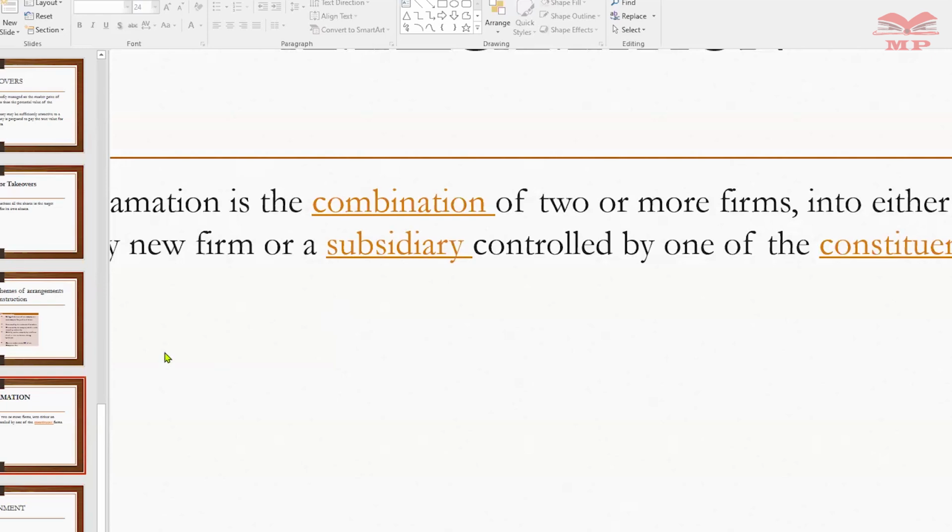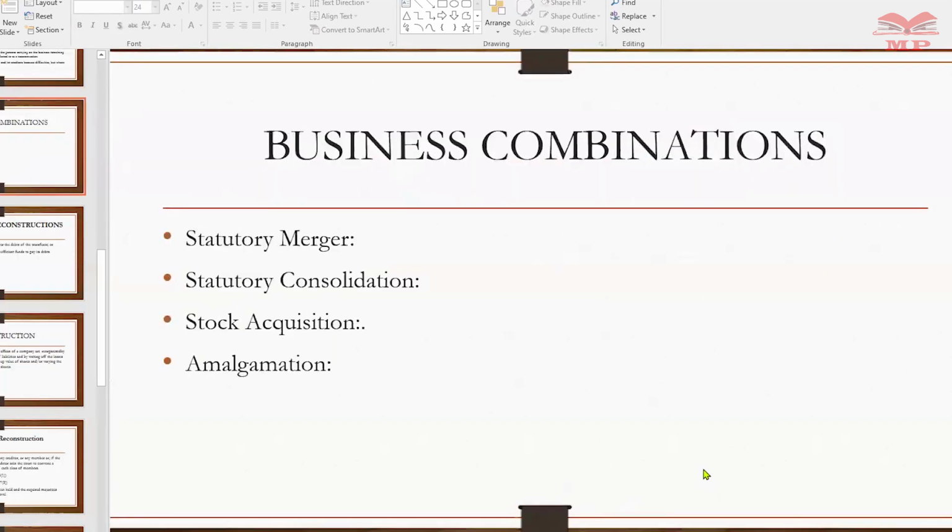So we have three forms of business combinations. Four forms. We have a statutory merger, and this combination results in the liquidation of the acquired company's assets and the survival of the purchasing company.